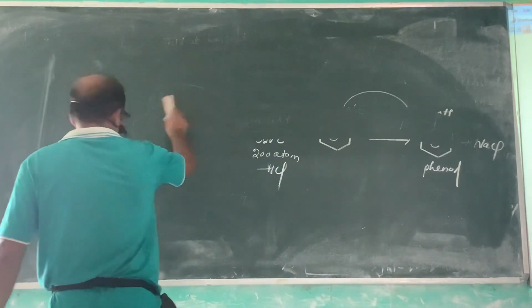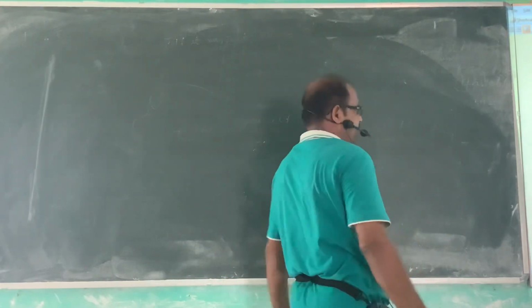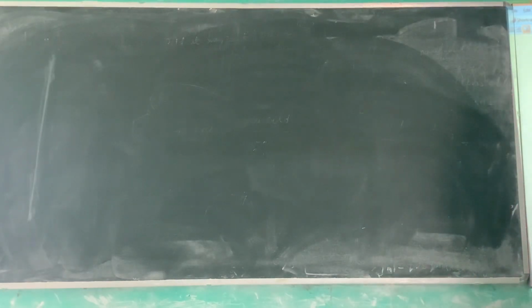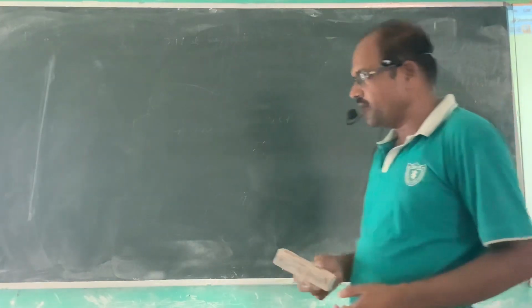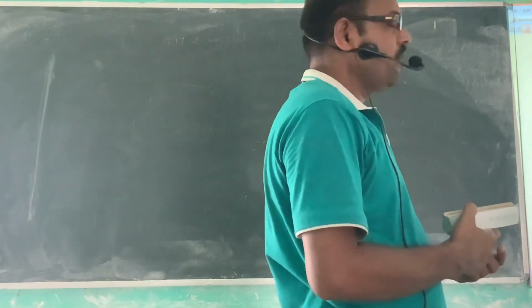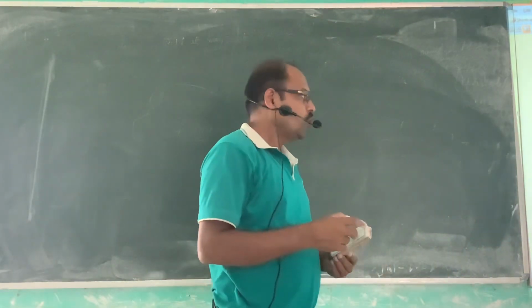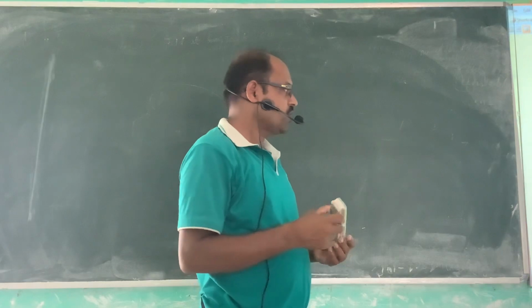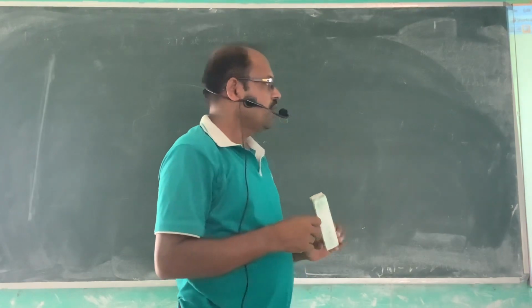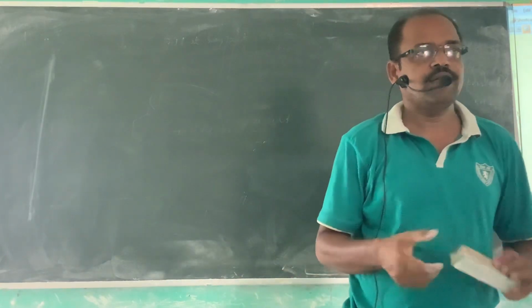When sodium benzene sulfonate is fused with sodium hydroxide at a temperature of 573 Kelvin to 673 Kelvin, sodium phenoxide is formed, which on acidification gives phenol. Acidification means addition of acid.